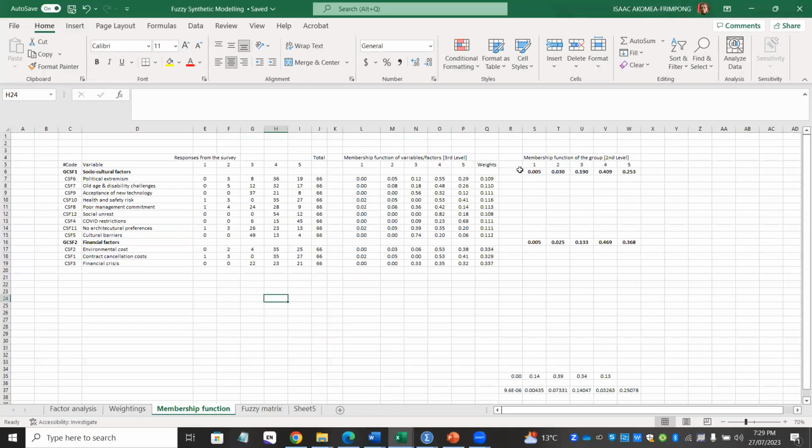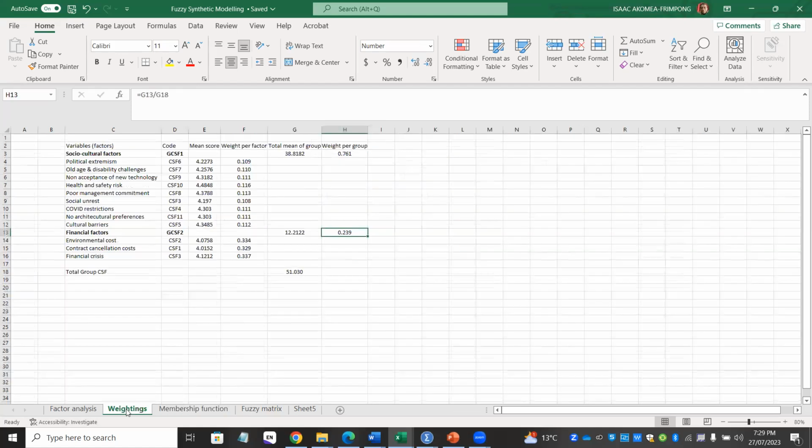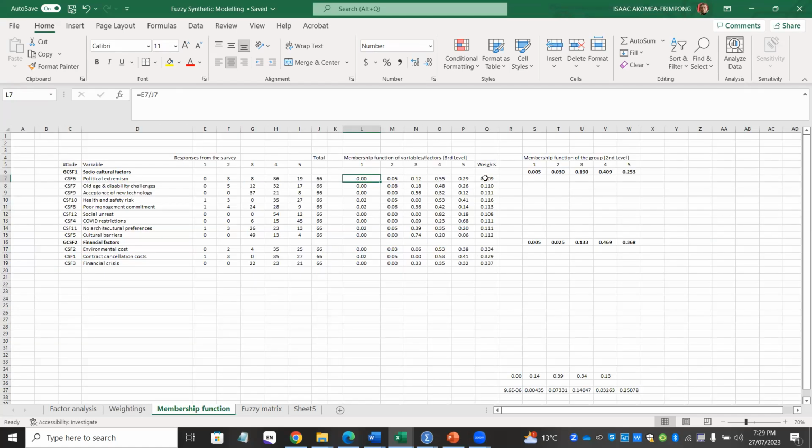So for example, with respect to getting the membership function of the first, that's on the strongly agree, for the group, what you have to do is pick the membership function of the first variable and then multiply it with the weight that we assign to them in the other step, 0.109. I've put the weight here.